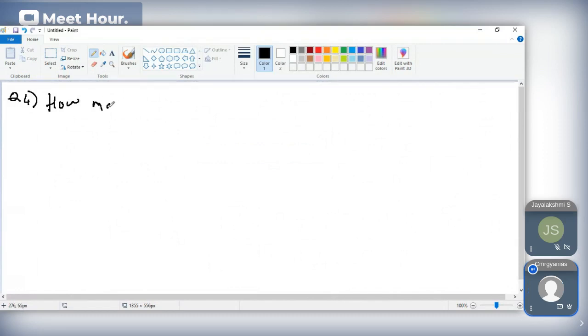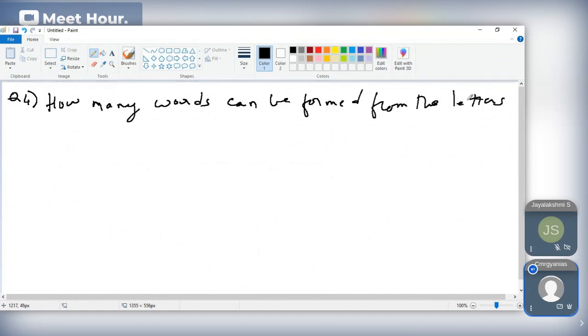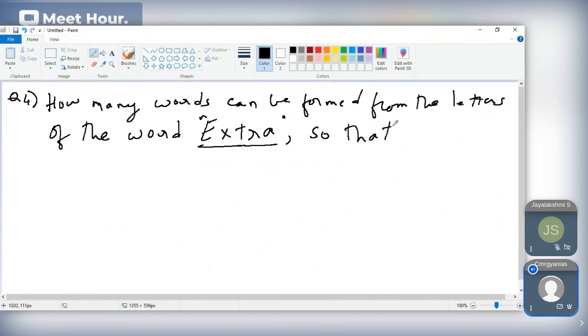How many words can be formed from the letters of the word extra, so that the vowels are never together?